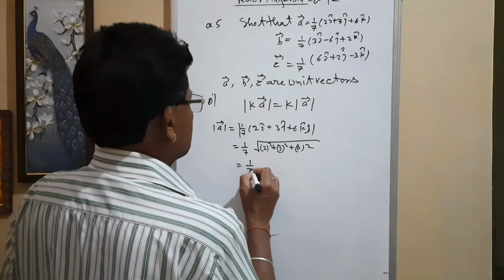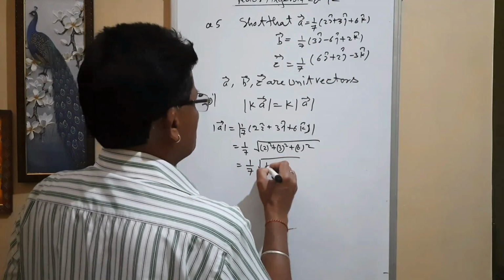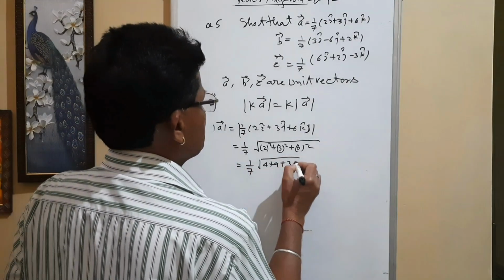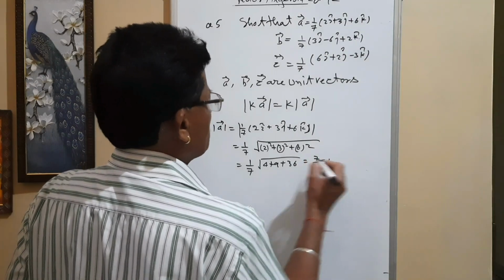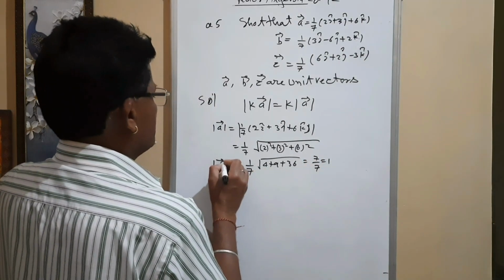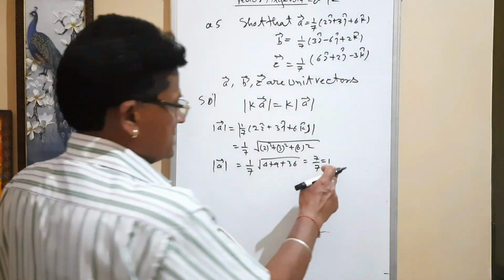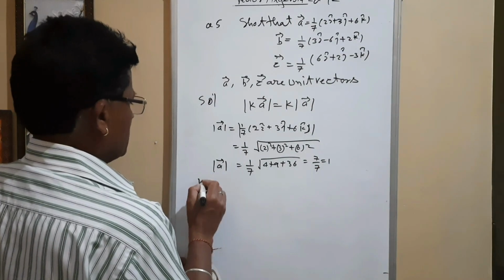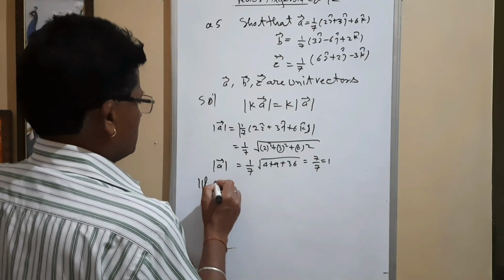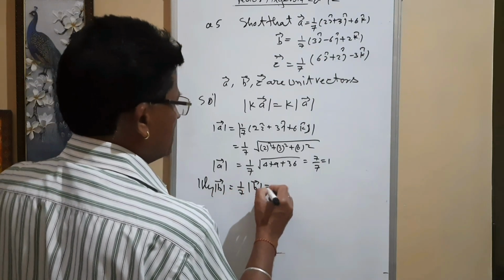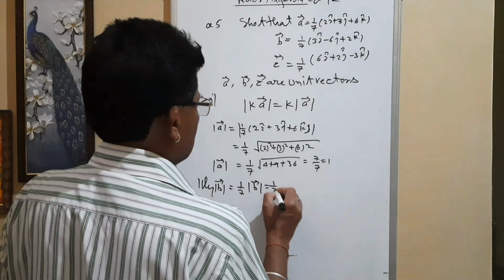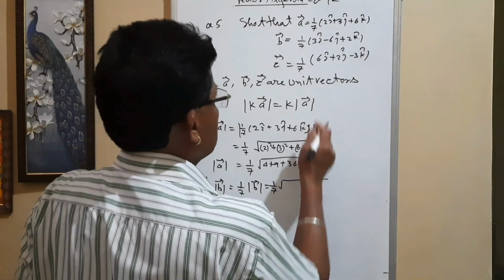It will be equal to 1 by 7 root of 4 plus 9 plus 36. I think that will be 7 by 7, which is equal to 1. Therefore, the magnitude of vector A is equal to 1. Similarly, the magnitude of vector B will be equal to 1 by 7; you will take the magnitude of B and write its magnitude.